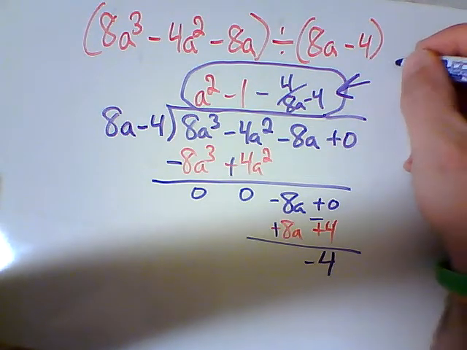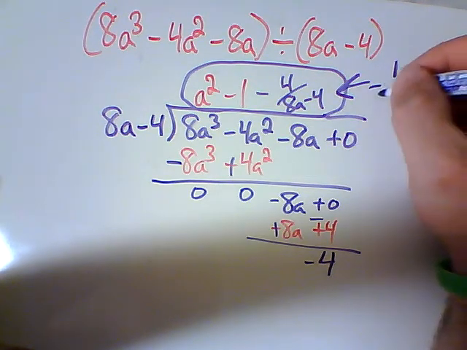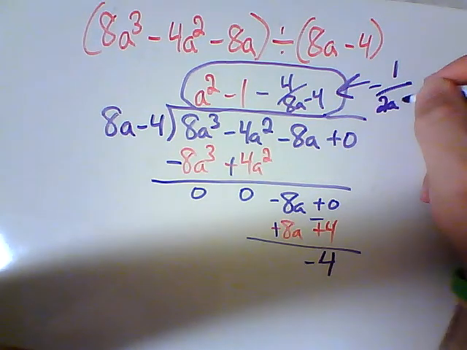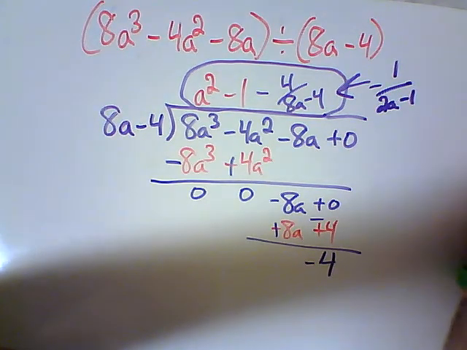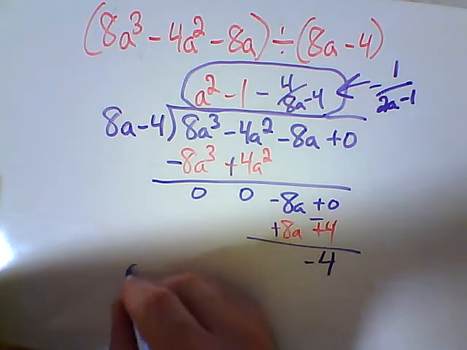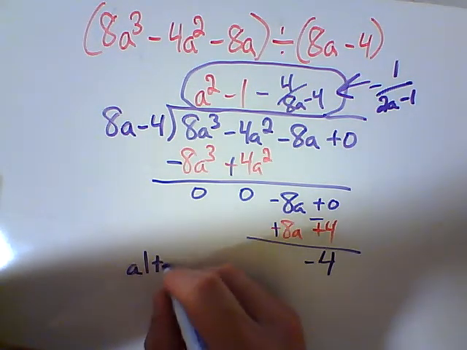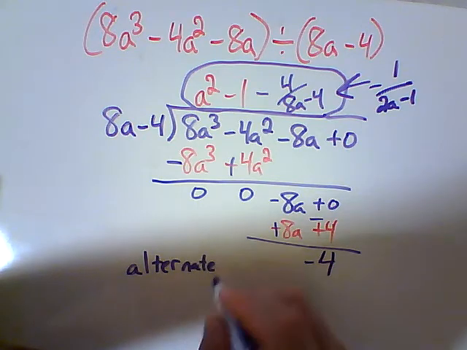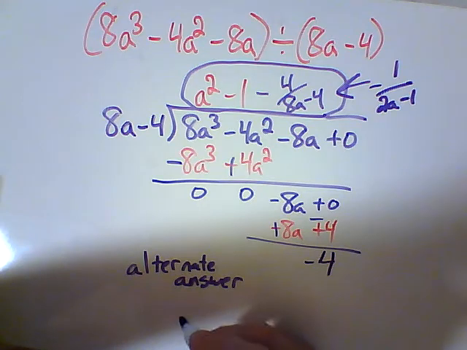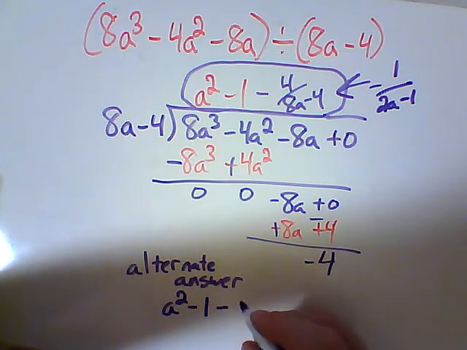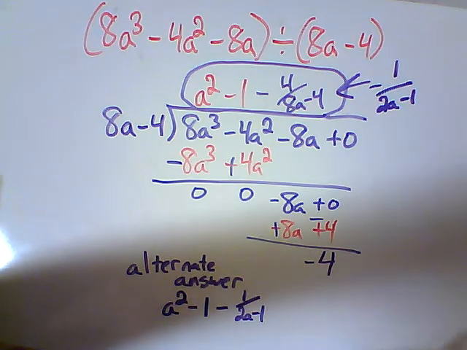So you can reduce that to minus 1 over 2a minus 1. In fact, there's a good chance this is what that has, but it could have been that.